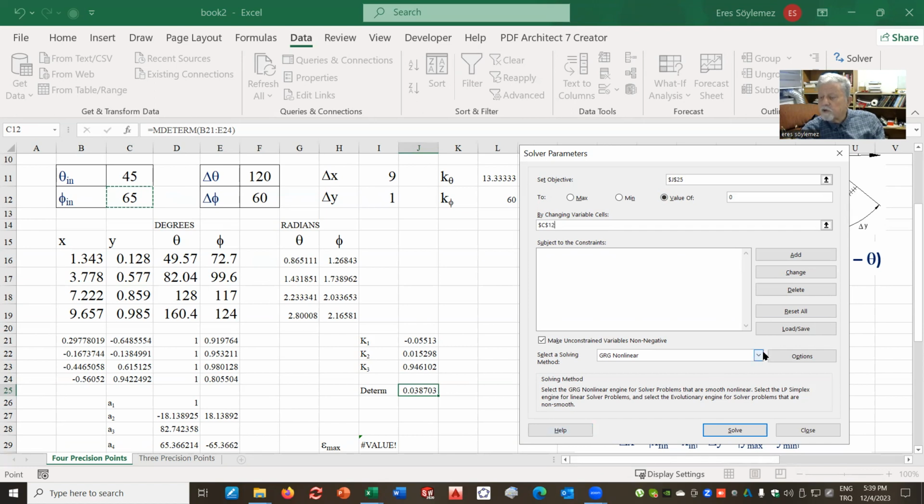That's it. You can use 2 algorithms. One is GRG nonlinear. It is a gradient method. Or you can use evolutionary, which, from the name itself, is a heuristic method.